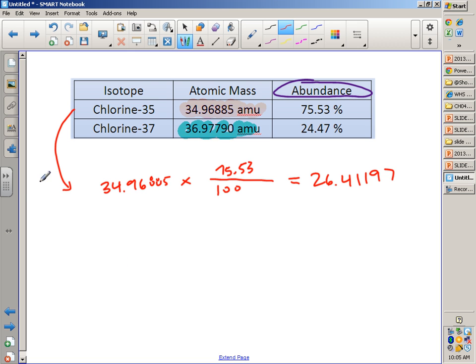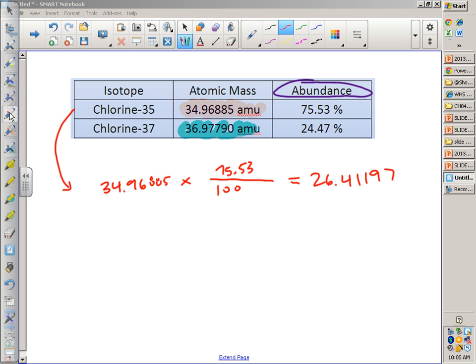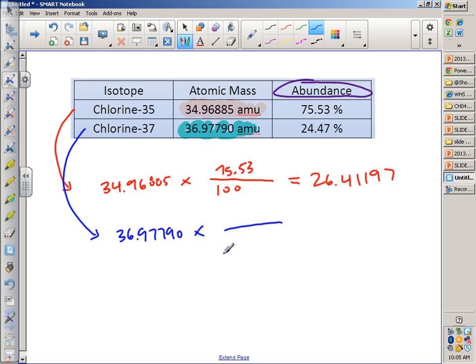You do the same thing for chlorine-37. So you take chlorine-37's atomic mass, which is 36.97790, and then you multiply that by a fraction. What's going in the denominator of that fraction? 100's going on the bottom, right?